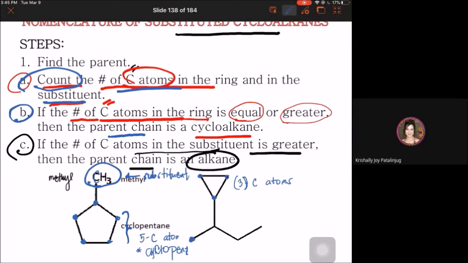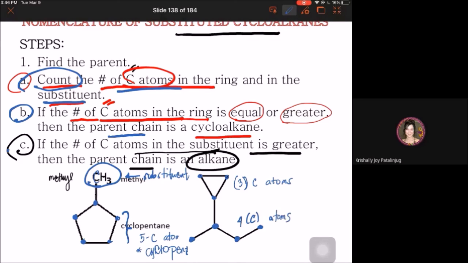Whereas in the substituent, there are how many? There are 4, which is a straight, continuous carbon chain, a total of 4 carbon atoms.